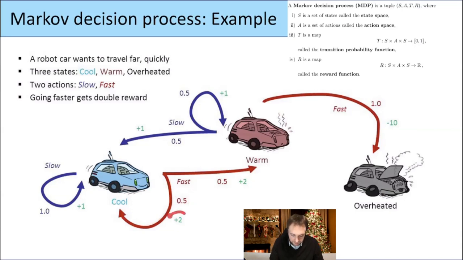Going faster gives a reward of 2, and going slow gives a reward of 1. But if we are already in the state warm and we go fast, then our car overheats and we get a reward of -10. Okay.